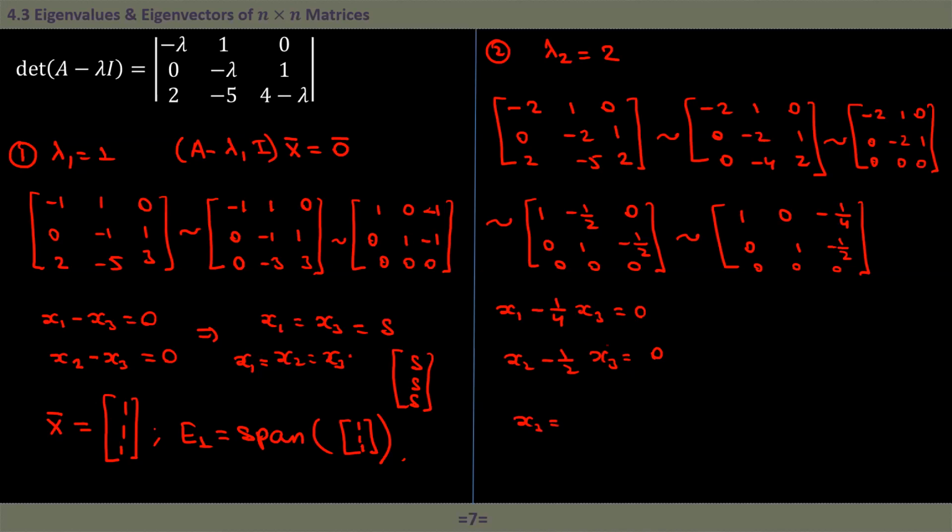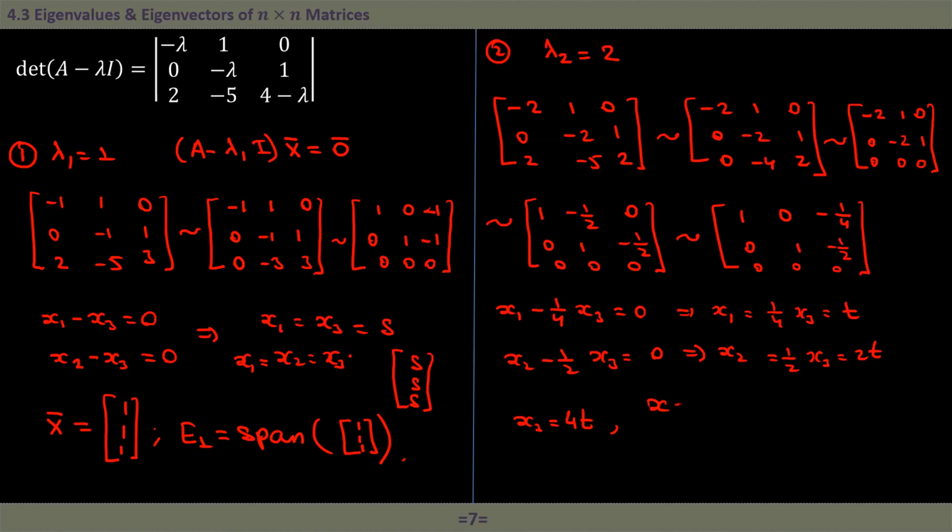Let me take s, since here we have 4 and 2, the common denominator is 4, so I can take it as 4t. So from here, x1 equals 1 over 4 x3, which is equal to, if you substitute, 4t times 1 over 4, just t. And x2 is equal to 1 over 2 x3, which is equal to 2t.